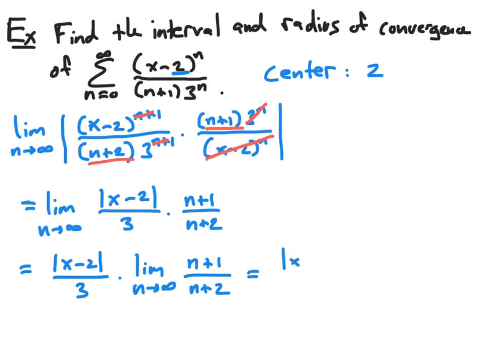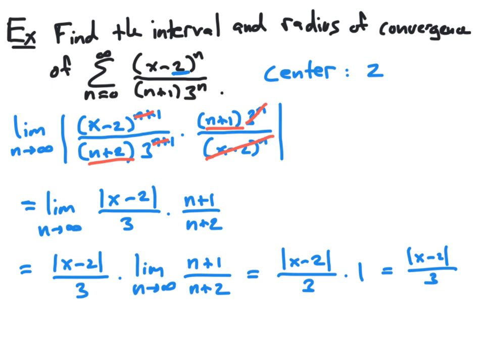We can use L'Hopital's rule, for example, or we can multiply both numerator and denominator by 1 over n. And when we do either of those things, what we're going to get is a value of 1 for that limit. And so our resulting overall limit, including the constant that we pulled out front, is the absolute value of x minus 2 divided by 3.